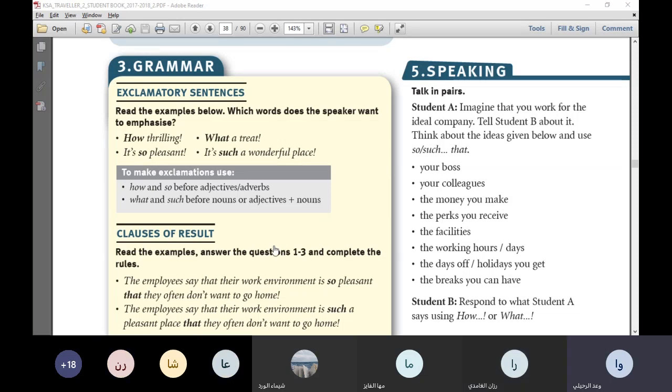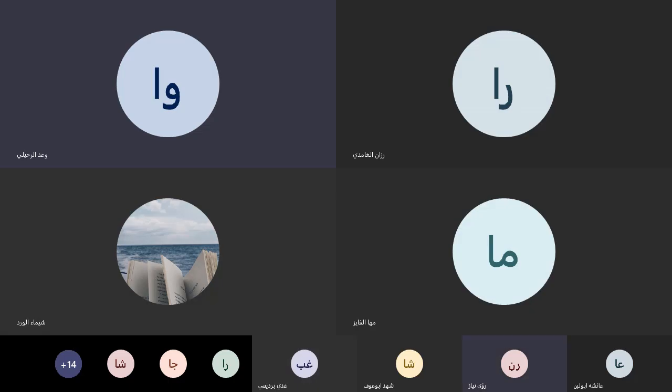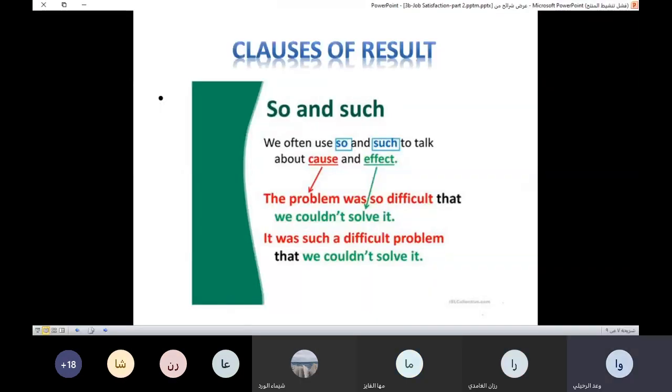I just want to show you something. Okay, now the clauses of result basically mean that I have a cause and the effect of this cause. For example, as you can see here, I use so and such.